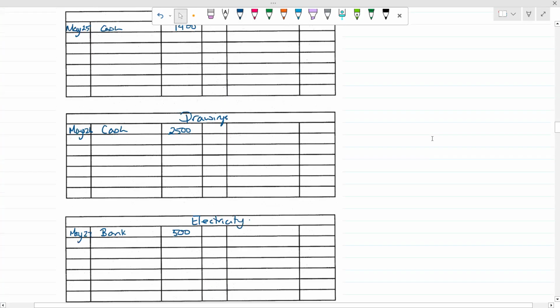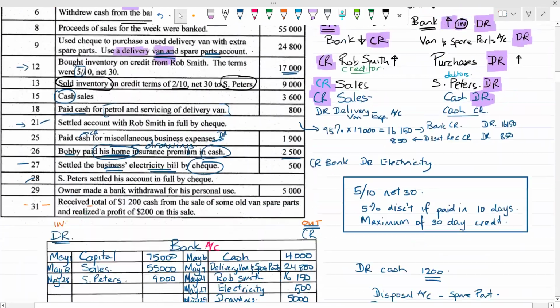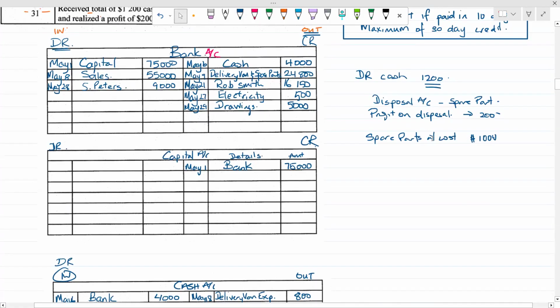Yeah? Now, quickly, just to refresh your memory, to balance the accounts, you need to add both columns. So if you look at our bank account and I add the total of my debit column, 75,000 plus 55,000 plus 9,000, that works out to be a total of 139,000.